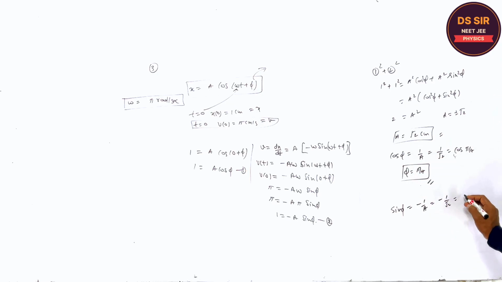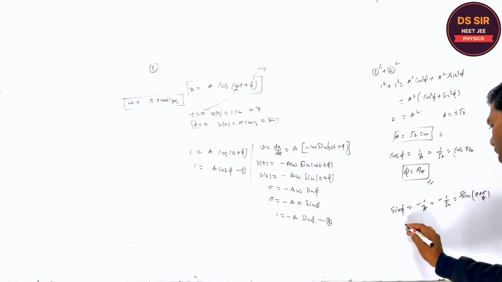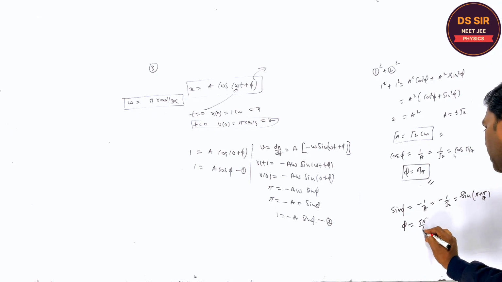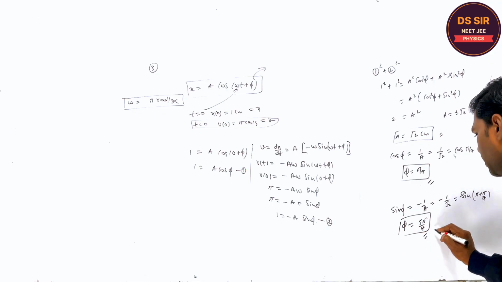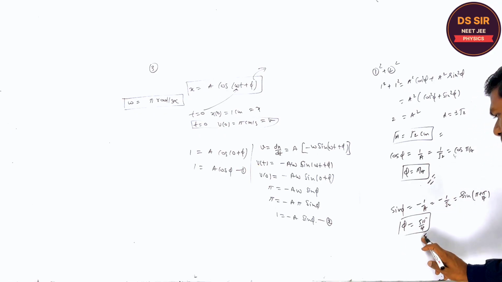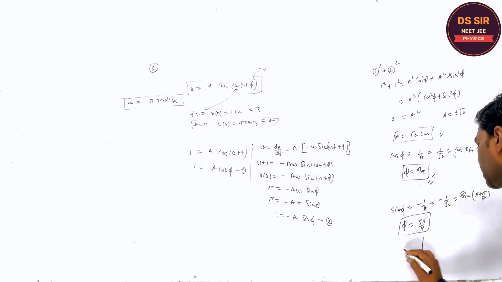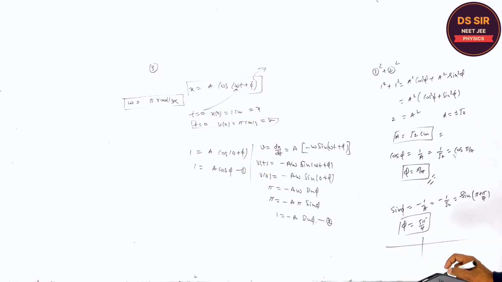So according to this, the phi may be pi plus pi by 4. So there may be two options, pi by 4 and the other initial phase. What is that condition? You tell. Listen, one thing. It is initially at t is equal to 0, right?